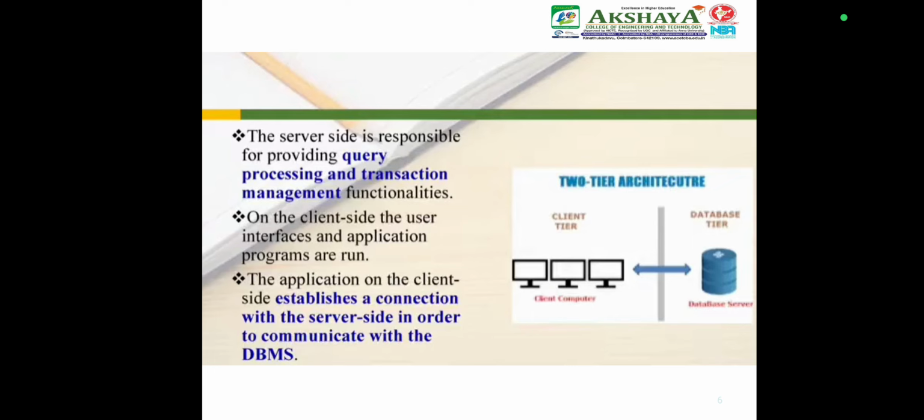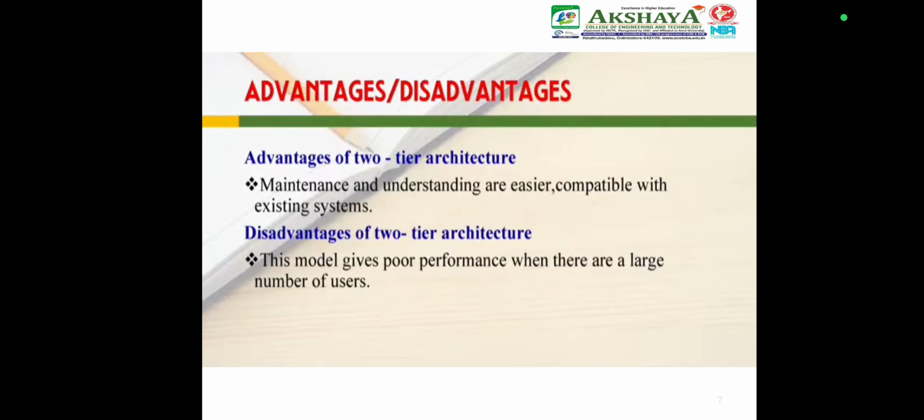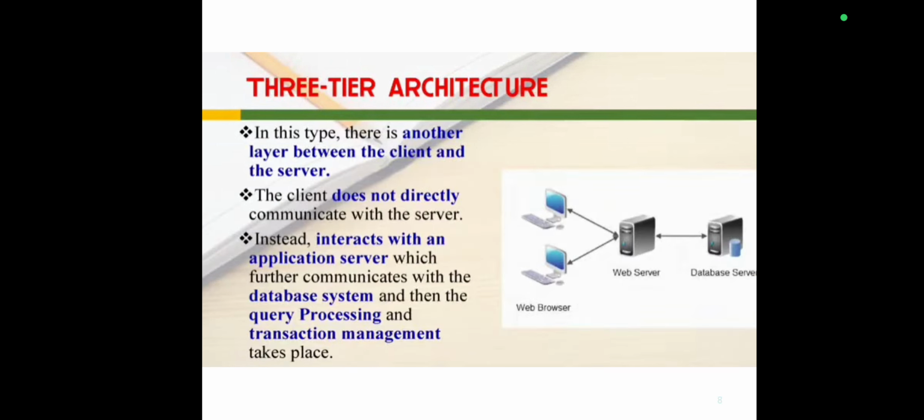The application on the client side establishes a connection with the server side in order to communicate with the DBMS. Advantages of two-tier architecture: maintenance and understanding are easier, and it is compatible with existing systems. Disadvantages: this model gives poor performance when there is a large number of users.